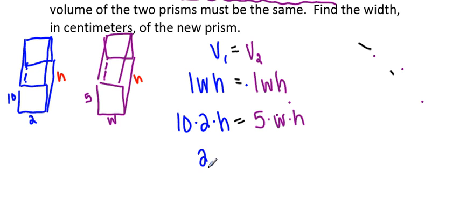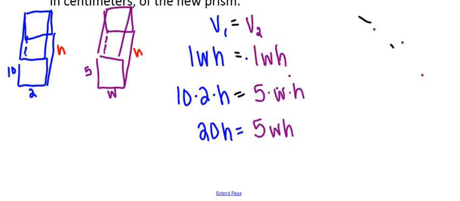If I think about simplifying the left-hand side, I've got 20 times h. And when I simplify the right-hand side as much as I possibly can, I've got 5 times w times h. I'm seeing an h on both sides. Since I know that the height of my prism can't be 0, I'm going to go ahead and divide both sides by h.